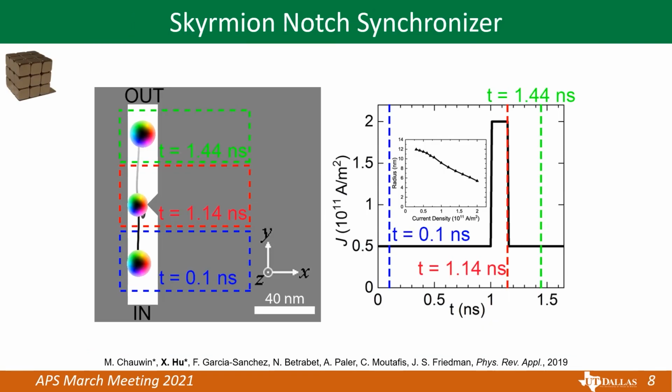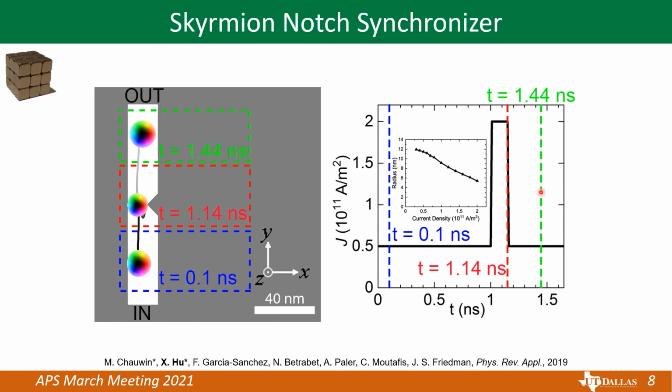To synchronize these magnetic skyrmions, we have proposed this notch-shaped skyrmion synchronizer, as you can see in the diagram on the left. This notch prevents the skyrmion from passing, as the skyrmion will get stuck at the notch. However, if the current density that we use to drive the skyrmion is increased, the skyrmion actually gets smaller, as we can see in the radius versus current density figure on the right here.